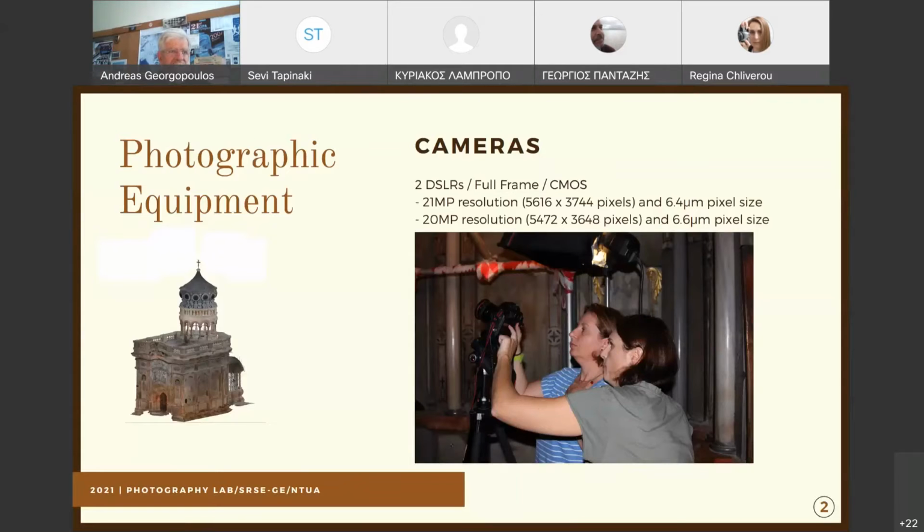We used two calibrated full-frame SLR cameras with CMOS sensors. The one has 21 megapixel resolution and 6.4 microns as pixel size, and the other one has 20 megapixel resolution and 6.6 microns as pixel size. I didn't mention the company of the camera on purpose. It makes no difference.